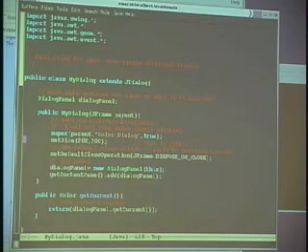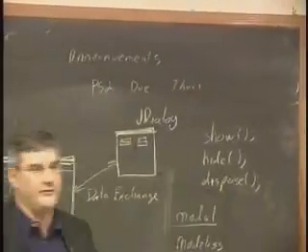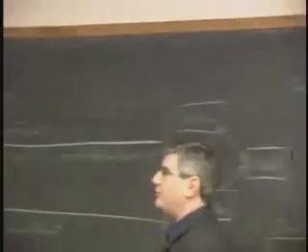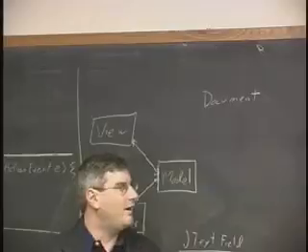We do the set size, we do the set default close operation. Notice instead of exit on close, I'm setting it to dispose on close, which means instead of exiting and shutting down my whole application, it will just call this dispose method and get rid of the menu window.